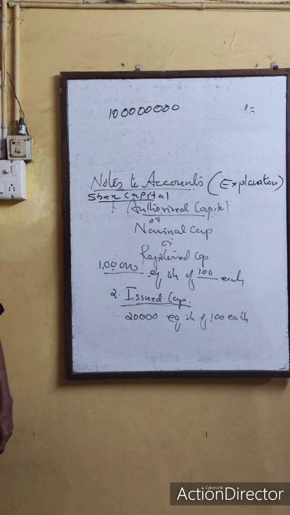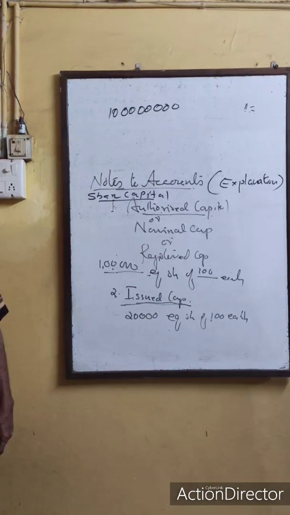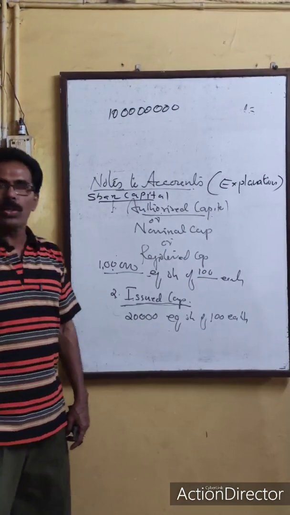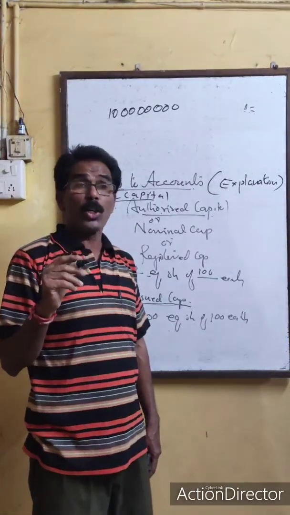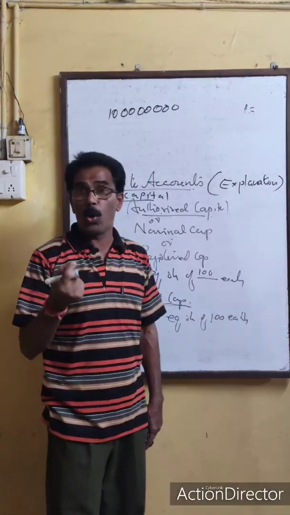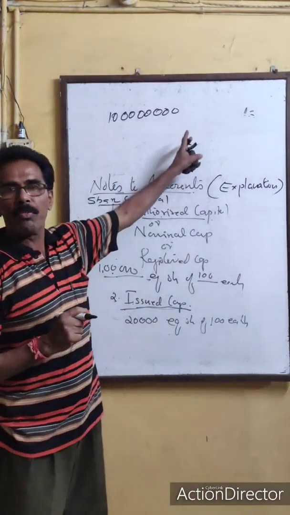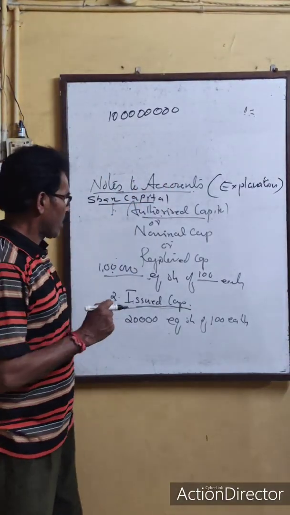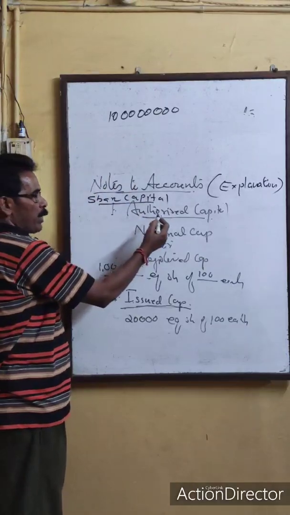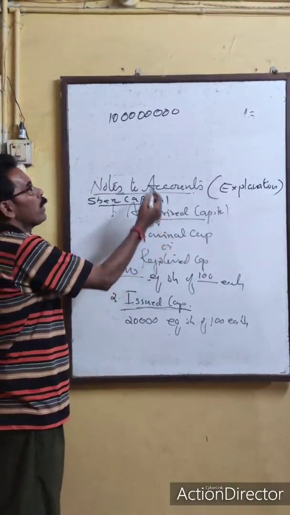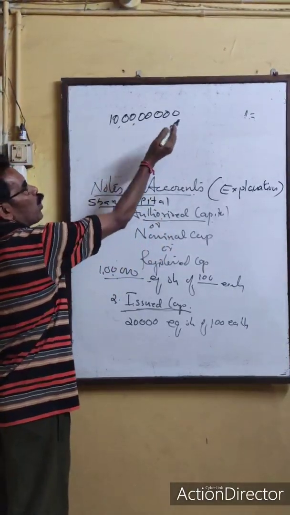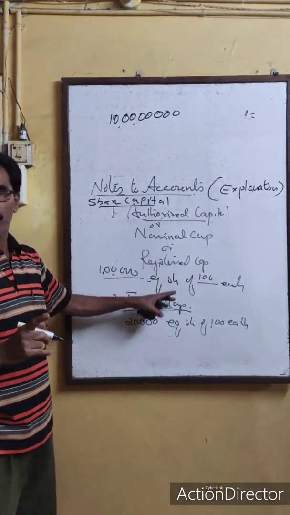Large scale companies are in need of huge amounts of capital, crores, millions and trillions. So, for example, if it is in need of 10 crores, that is the authorized capital, nominal capital, registered capital. This 10 crore is called the registered capital.